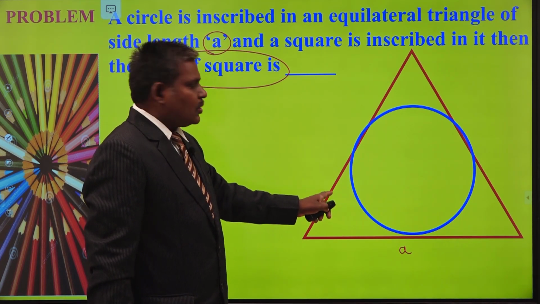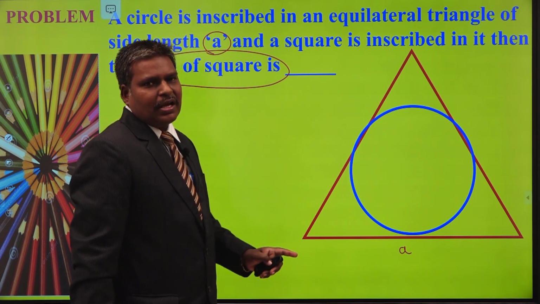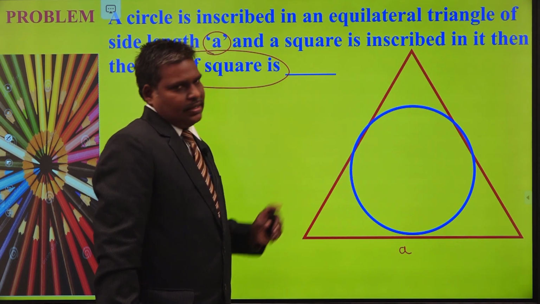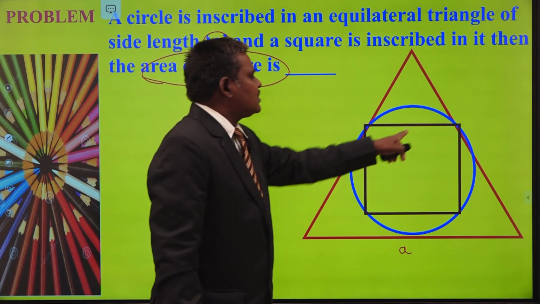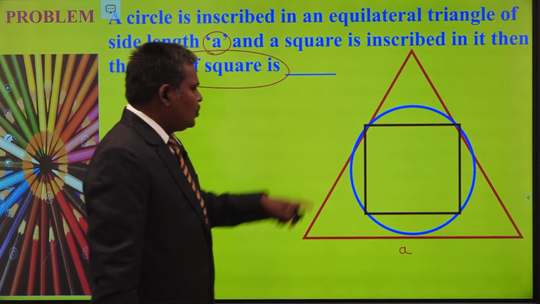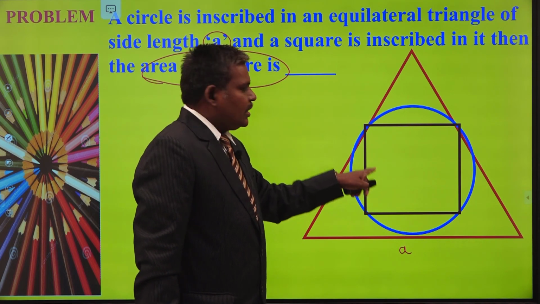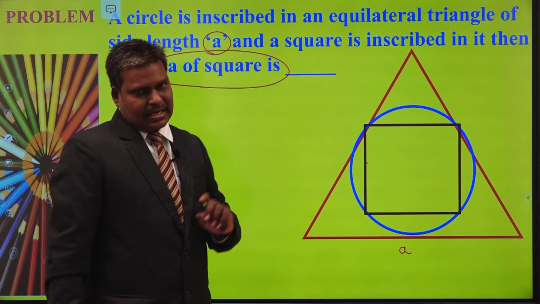An equilateral triangle is a closed figure with all equal sides. Therefore, it is a regular polygon of 3 sides, circumscribed about this circle. Similarly, consider one square which is inscribed in this circle. So, this is also a regular polygon of 4 sides. It is inscribed in our circle.